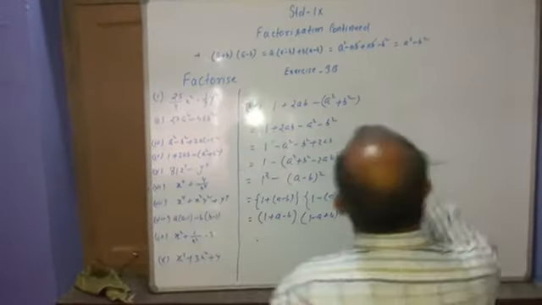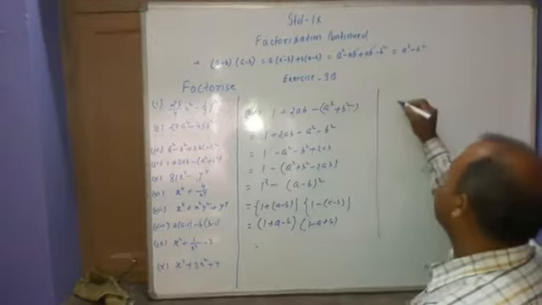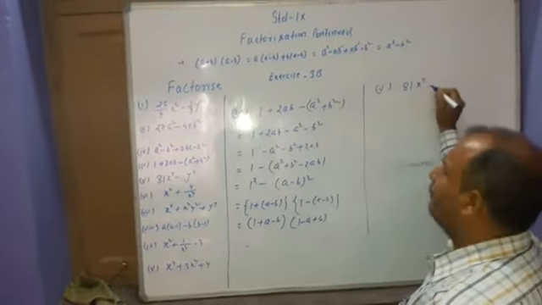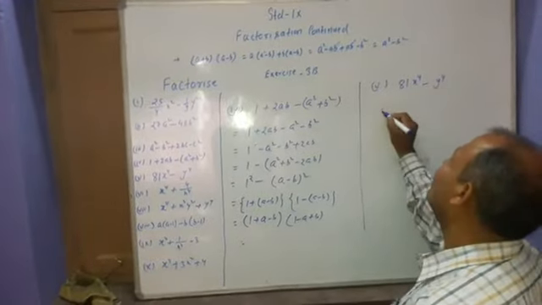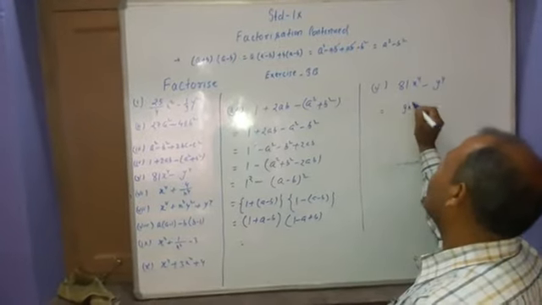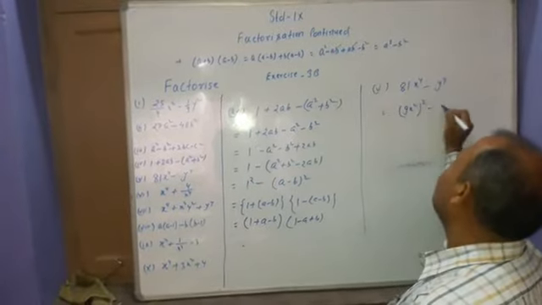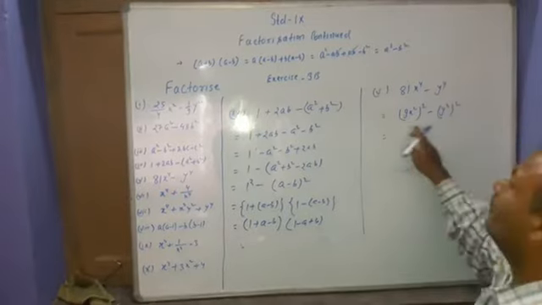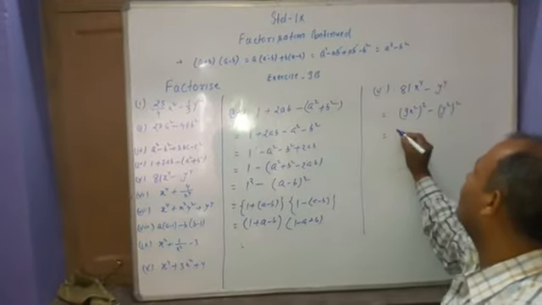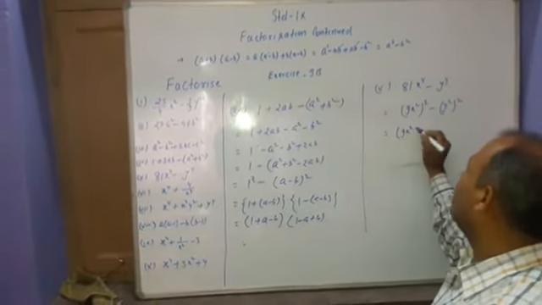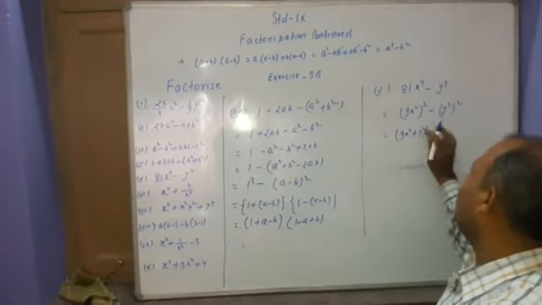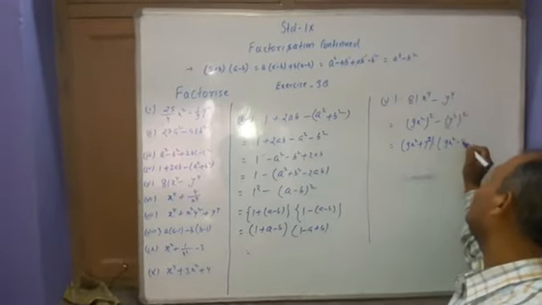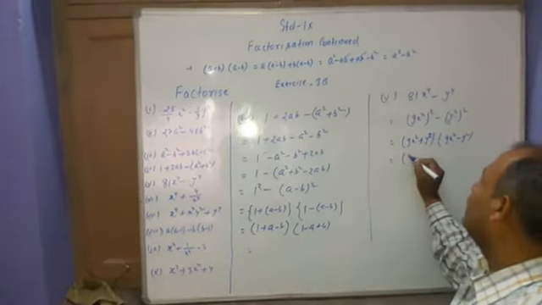Now we come to the fifth problem: 81 x to the power 4 minus y to the power 4. This is the square of 9x square and this is the square of y square. Now it is of the form a square minus b square. We will write (9x square plus y square) and (9x square minus y square).